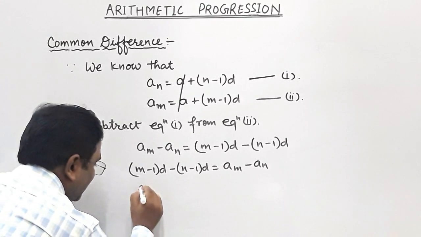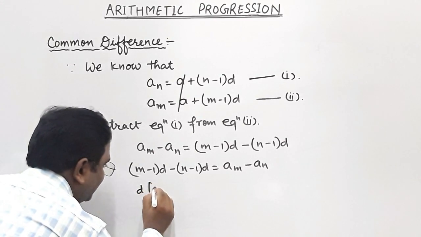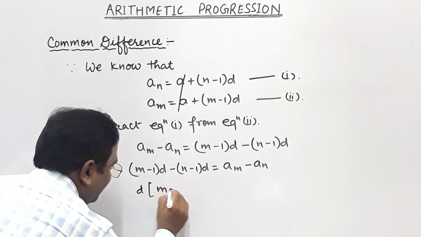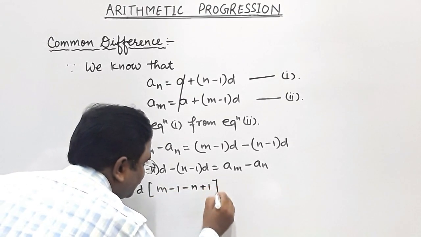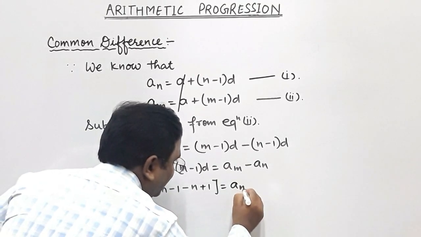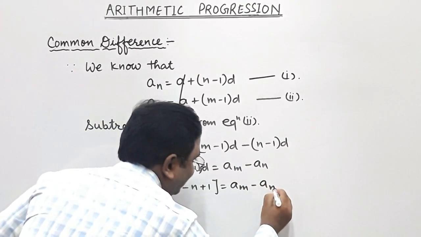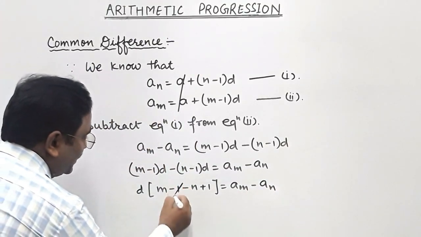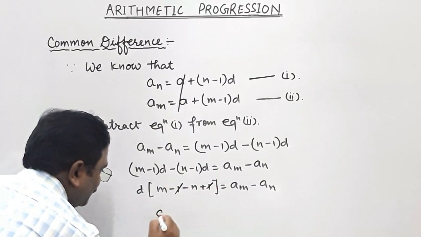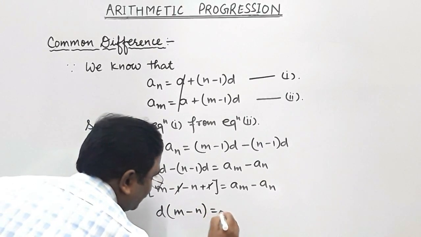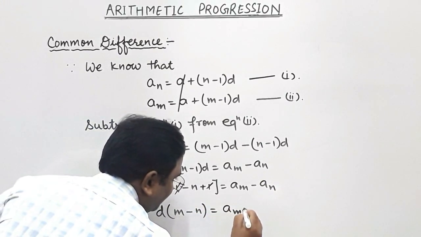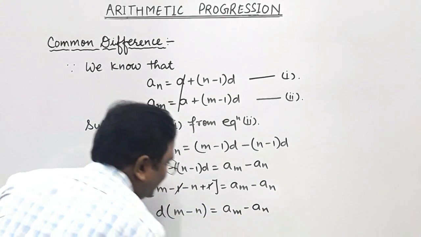When you take d as common, you will get m minus 1 minus n plus 1 equals a_m minus a_n. Now this minus 1 and plus 1 is cancelled. You got d into (m minus n) equals a_m minus a_n.